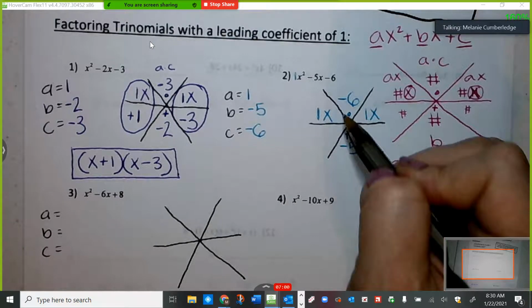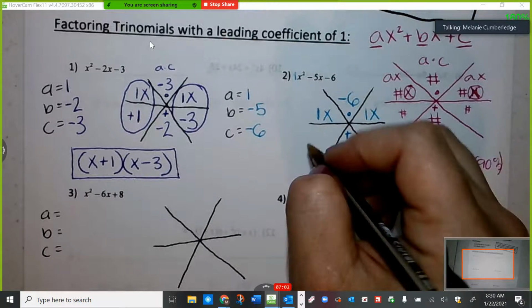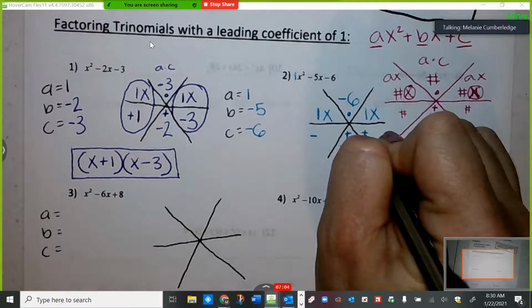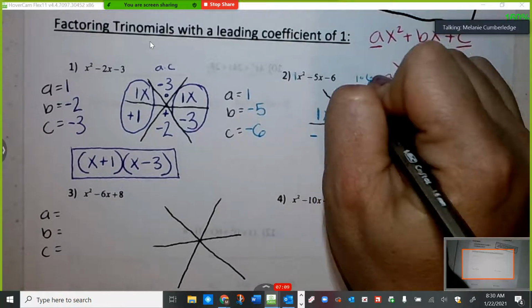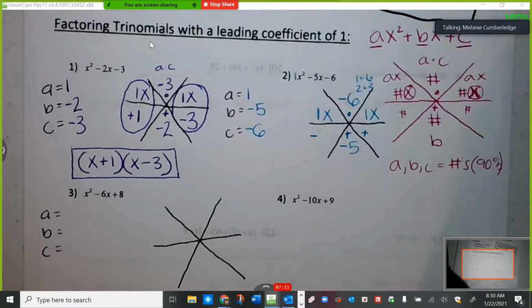Well, I know my top number is negative, and the only thing that multiplies to give you a negative is a negative and a positive. Okay, 1 times 6 gives me 6, and 2 times 3 gives me 6.